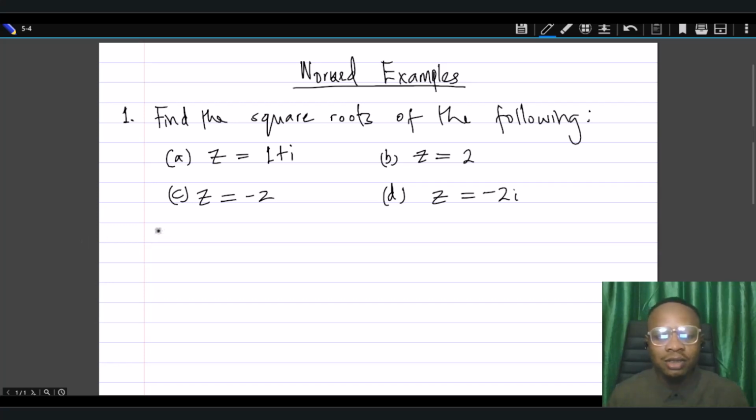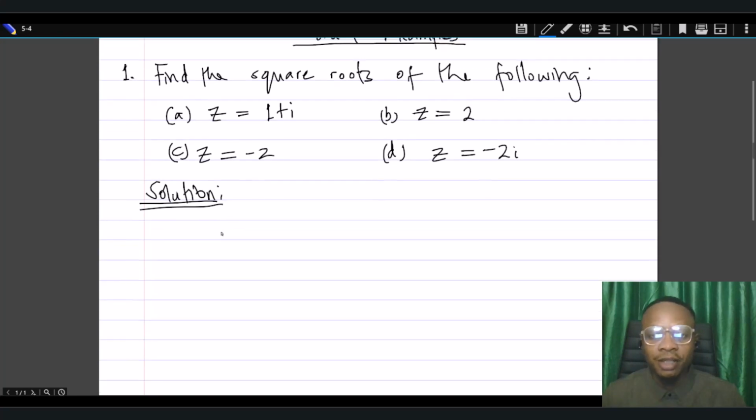So how does this work? We have discussed all of the theories and the processes we follow to get the roots of these numbers already. These are complex numbers, and what we do firstly is to find r for each of the complex numbers. So for the first part, we're given z equals 1 plus i.